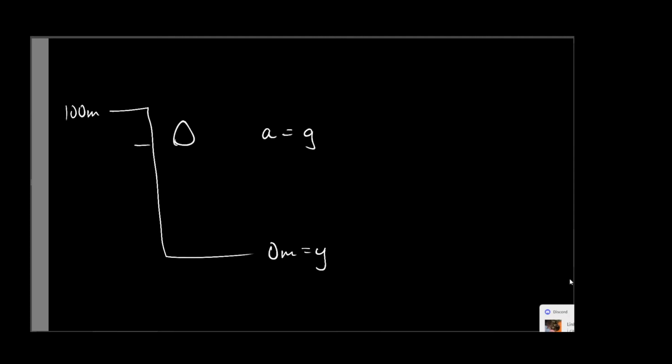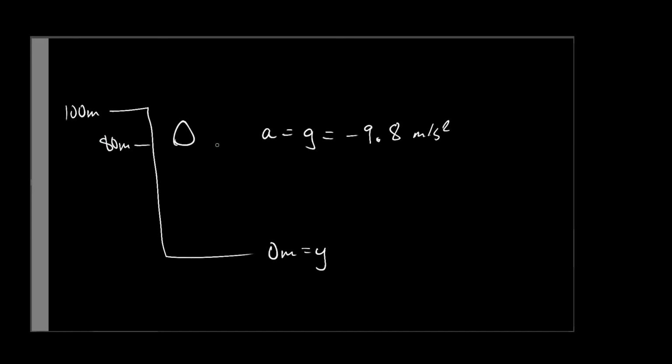Anyways, we have some constant acceleration a, which is our g, which we have a value for, so I'll write it down. Negative 9.8 meters per second squared. And the ball was dropped from 80 meters up.